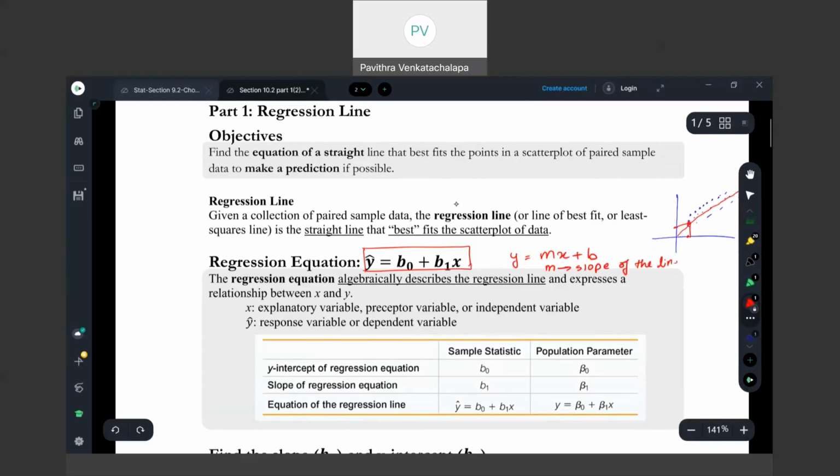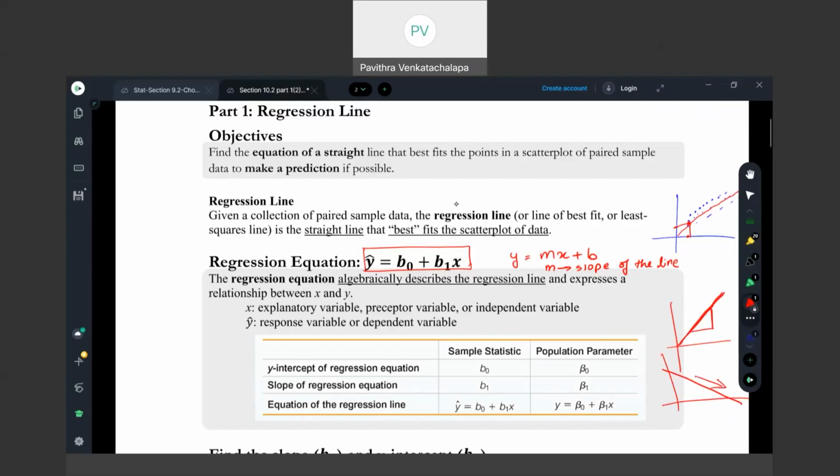Let's say this is your straight line, and the slope is increasing. Here is another straight line, and the slope is decreasing. There is no curve, so the amount of slant we call the slope of a line.